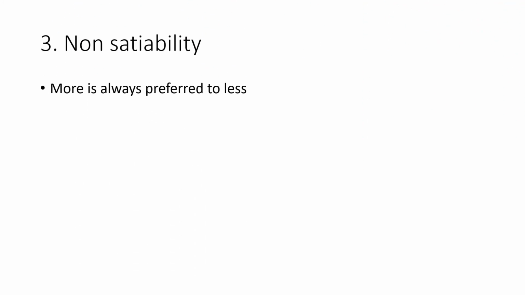Then we have the third property, which is called non-satiability. According to this property, we say that more is always preferred to less. So again, let me do that with a simple example. We have two bundles A and B, and bundle B has more of both the goods.